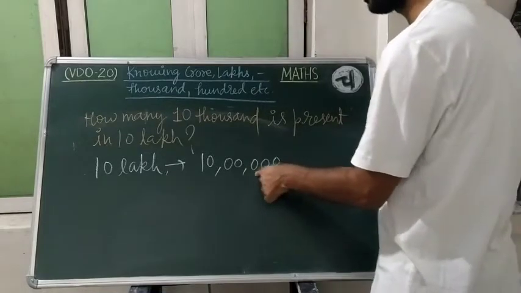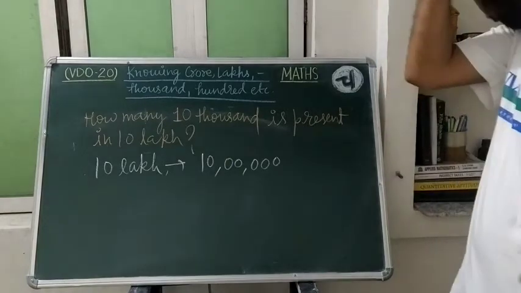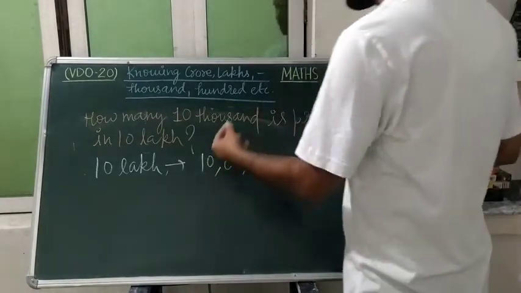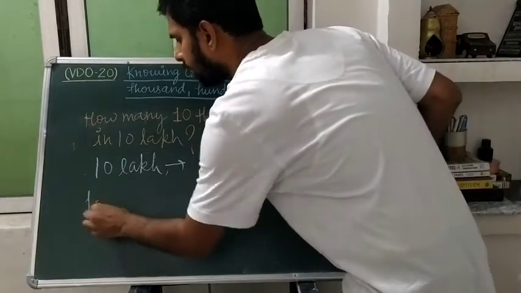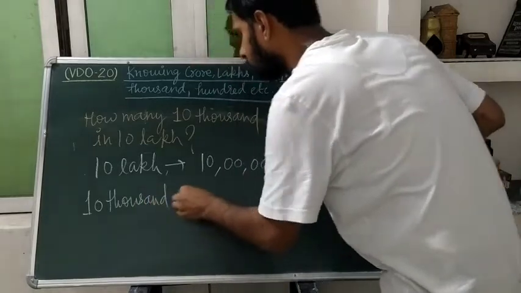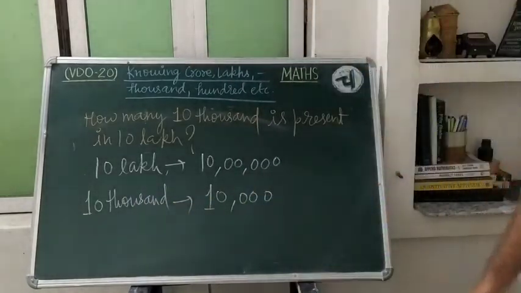You need 10, 100, 1000, 10,000, lakh, 10 lakh. And that 10,000, how can we write it? Of course, 10,000 like this.